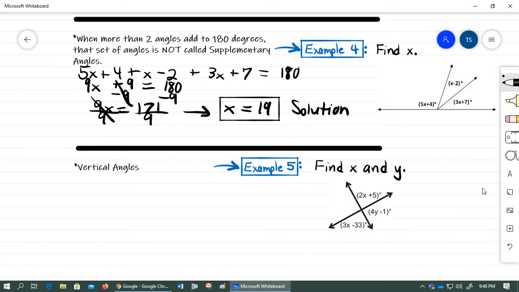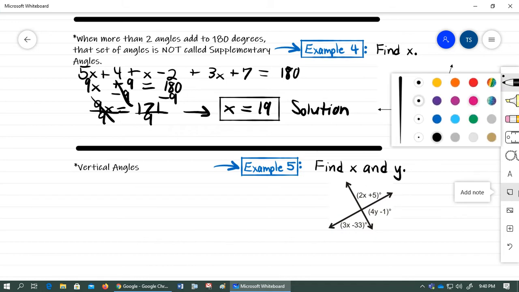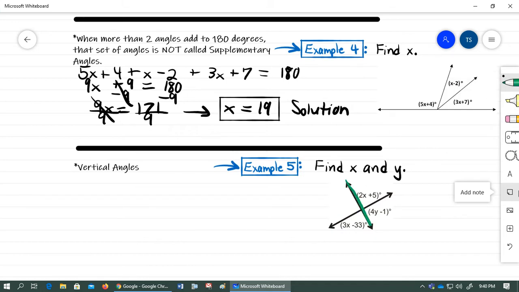Now folks, what we do have here is a set of vertical angles. As a reminder of what vertical angles are, you can see here that with this straight line and this straight line, we have these two angles right here.